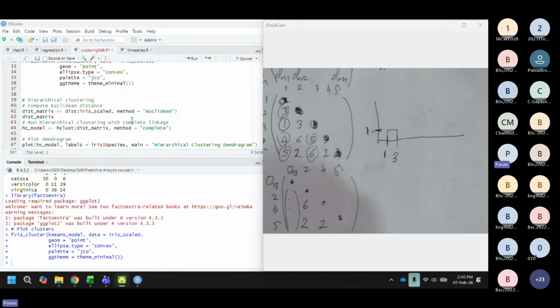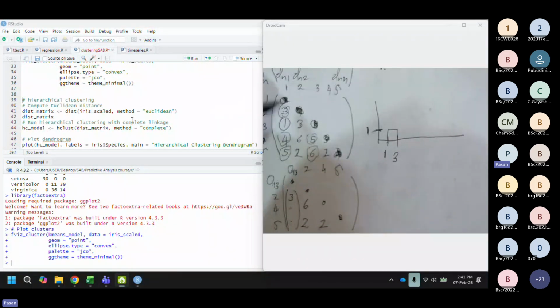Depending on that, we can put different numbers here. The single linkage means that we are taking the minimum out of the two. So you can see 2 to 1 and 2 to 3, we are looking at these two numbers, and the minimum is going to be 3.